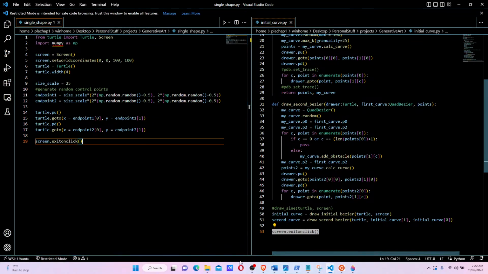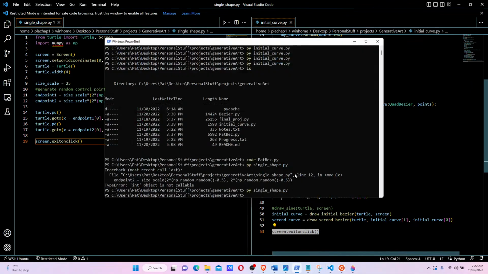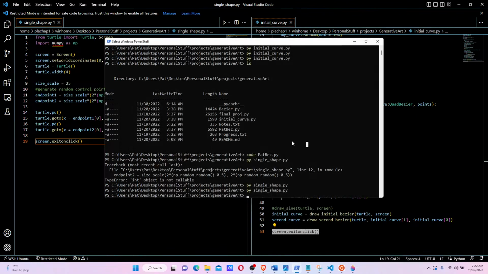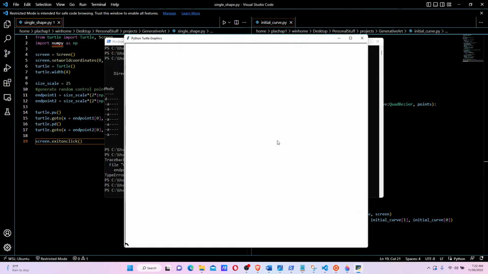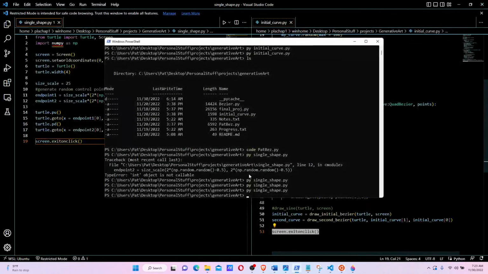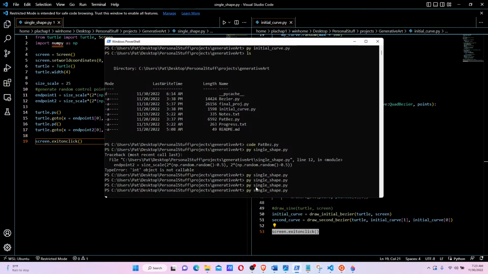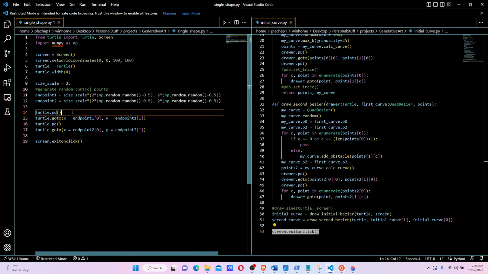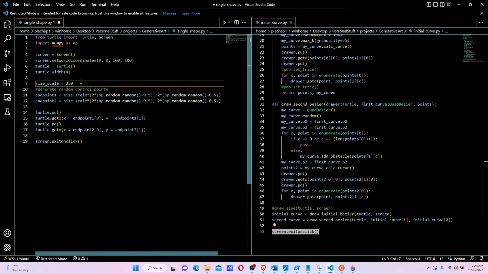I'm not that familiar with Turtle. Okay, run it again. Whoa. Those were random points that were very close. They're all around the same area. Maybe 25 is too small of a scale. 250.